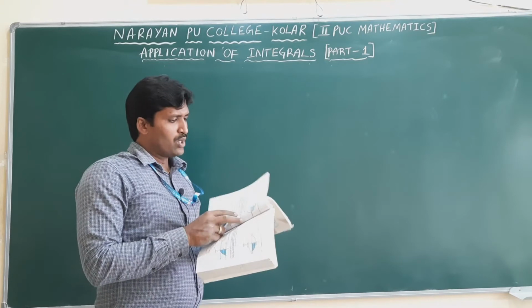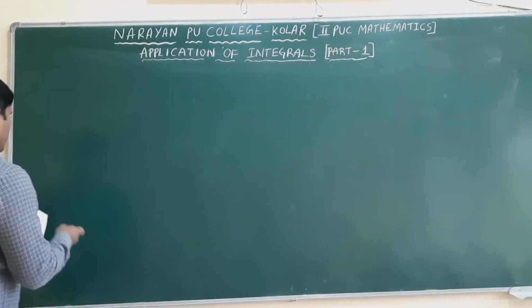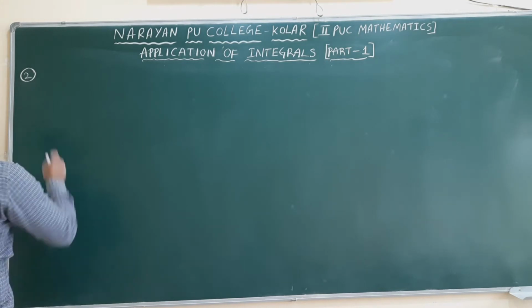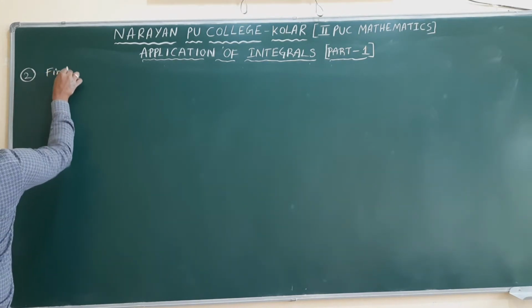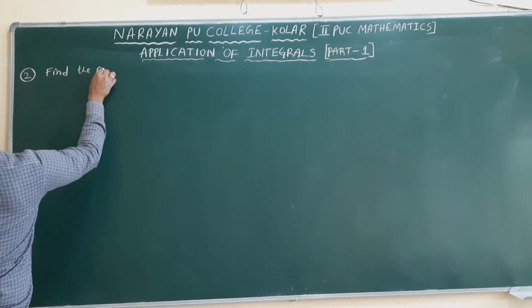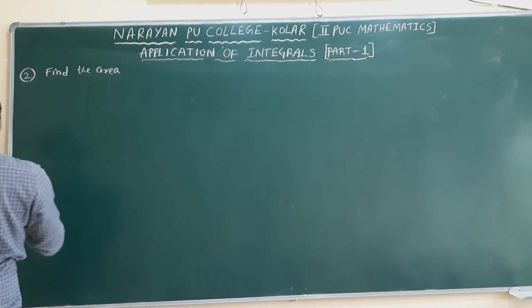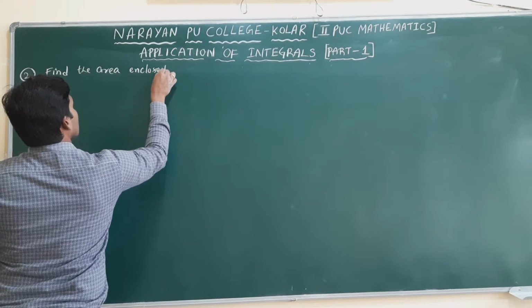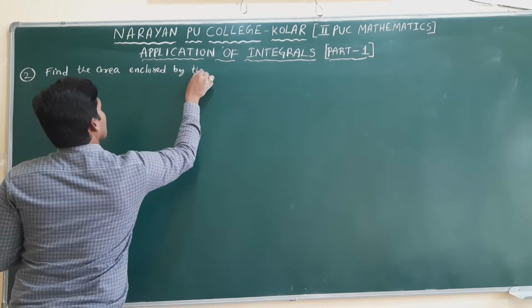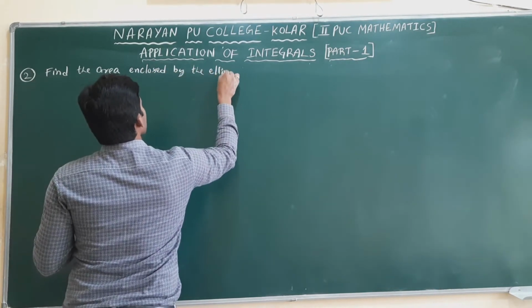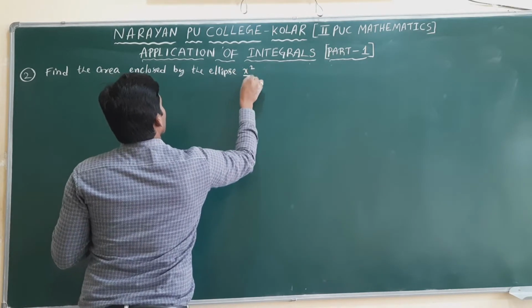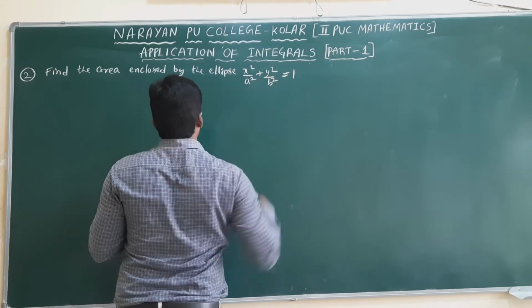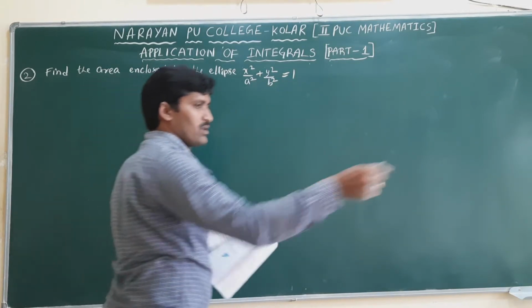Next, question number 2. Find the area enclosed by the ellipse x square by a square plus y square by b square equal to 1.